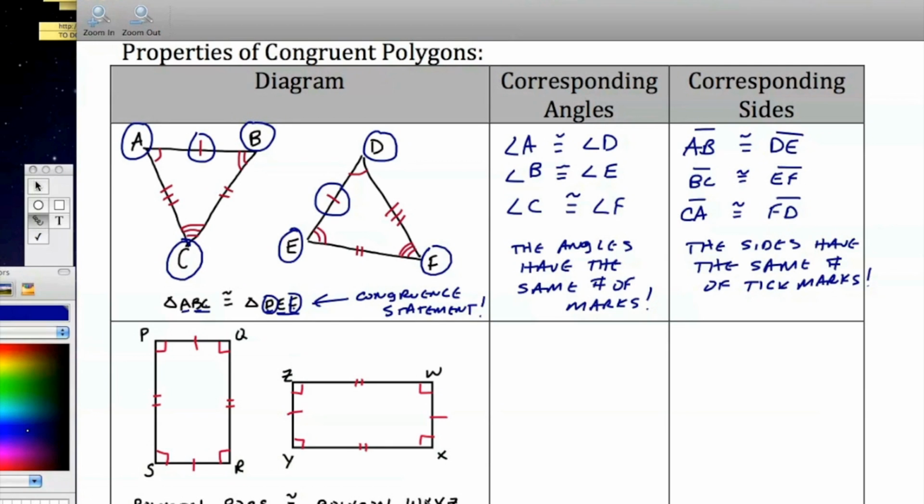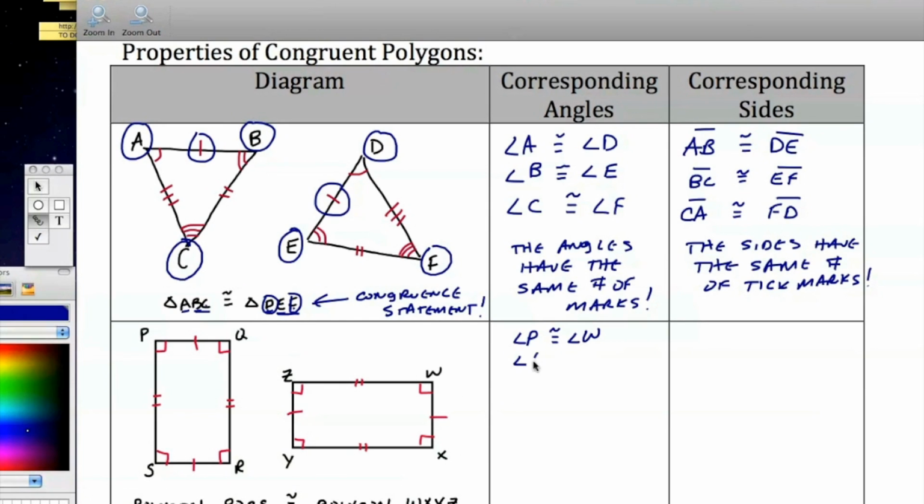So if PQRS is congruent to WXYZ, I know that means that angle P is congruent to, not angle Q, it's going to go with one from the other shape, so that's going to be angle W. So the first goes with the first.